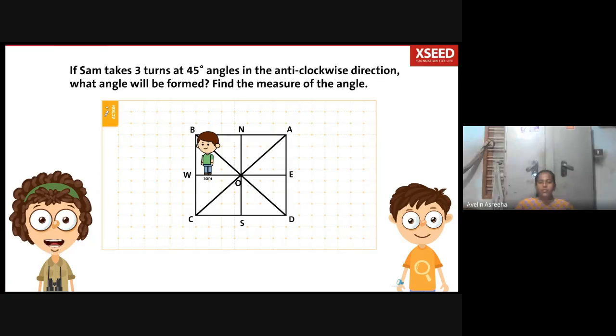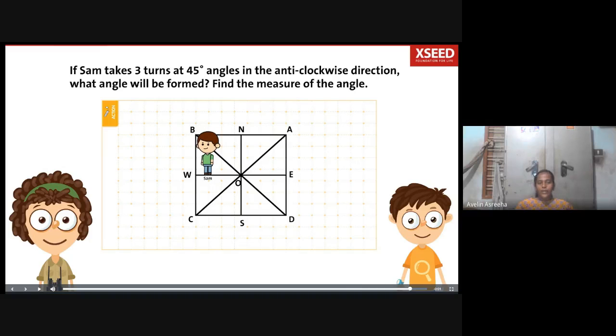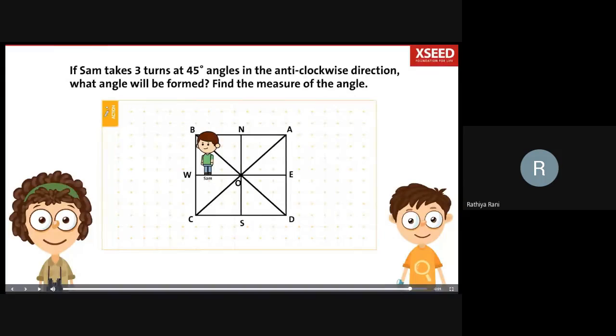What will be the measure of the new angle? First, Sam was facing north. So from the north, Sam is turning anti-clockwise 3 times by 45 degrees. So what angle will be formed? What is the measurement of the angle? Did you find it?